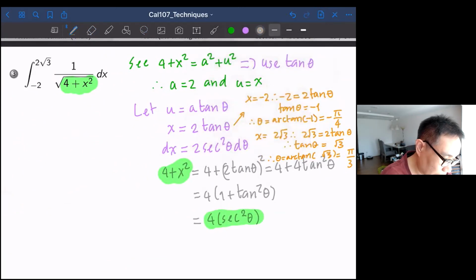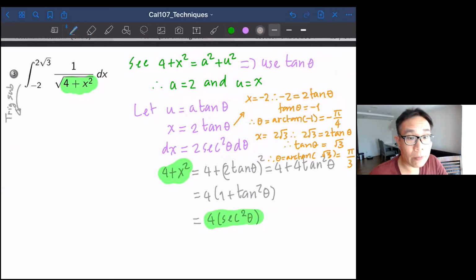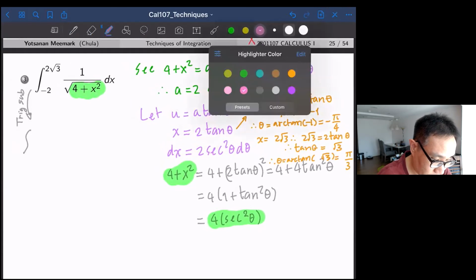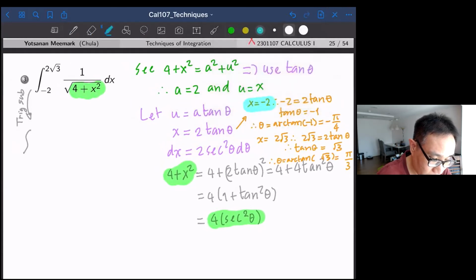Let me do the trig sub. So here I'm going to do the trig sub. I would substitute. Okay, let's do the limit first. The limit that you have is x equal to -2, you substitute with -pi/4, and you have x equal to 2√3, you're going to substitute with pi/3.